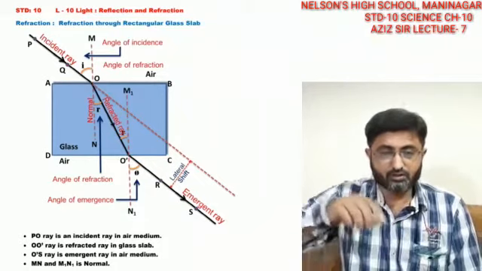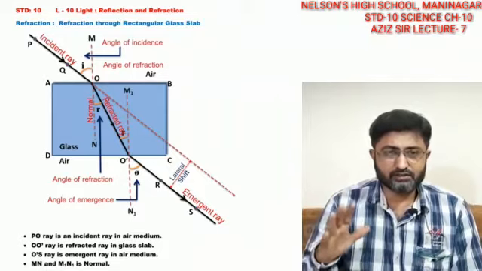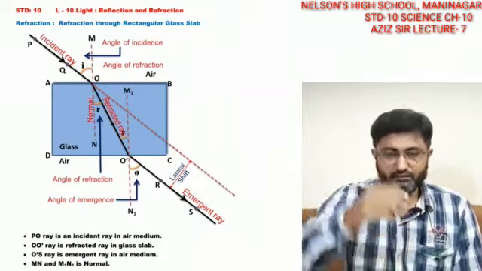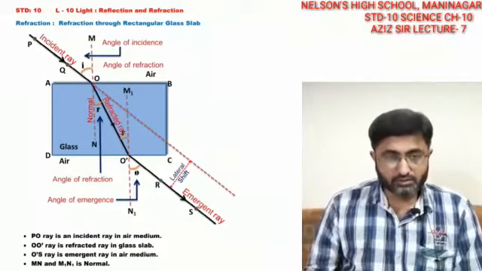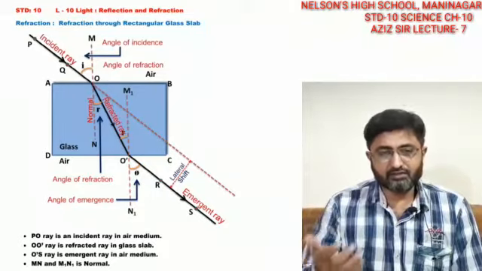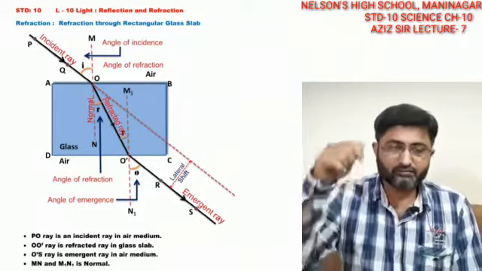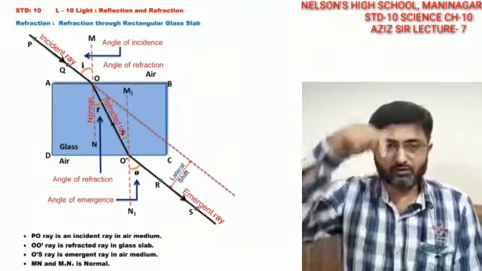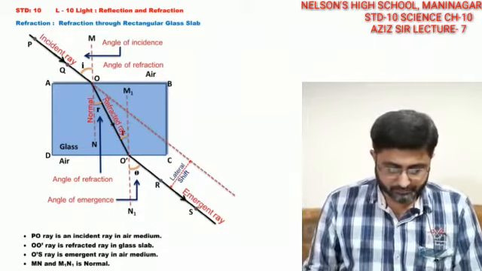The normal is an arbitrary thing, that is, we just imagine a perpendicular line at the point of incidence, wherever the light is striking, whether from air to glass or glass to air, or water, whatever the medium is. On that medium we draw a perpendicular line where the ray is striking, and it is called the normal.